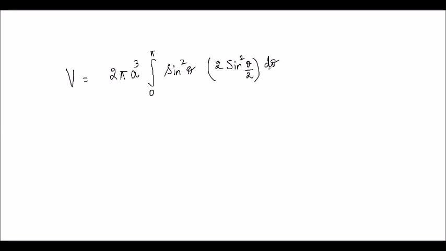It will be 2 pi a cube, the limits are from 0 to pi. This will become sine square theta, and by using a trigonometric identity, it will become 2 sine square theta by 2, d theta.